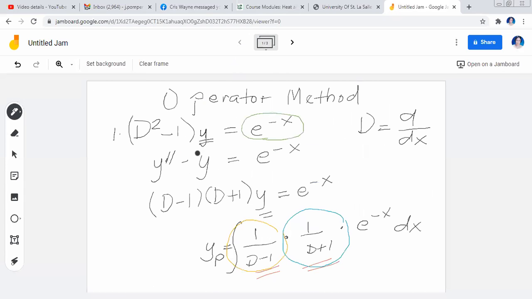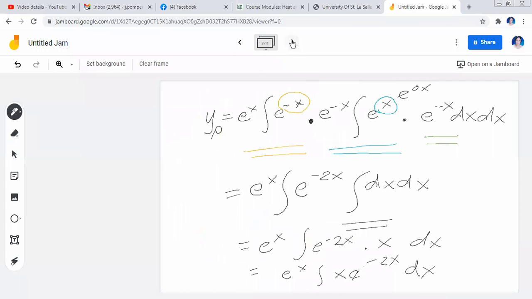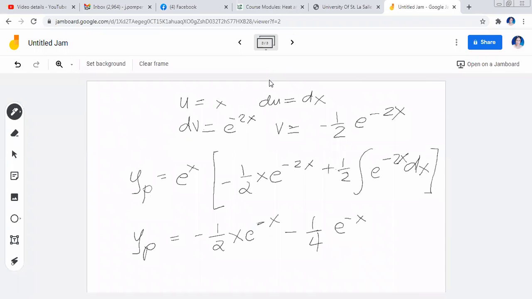This original differential equation. As for its complementary solution, it is dependent on the roots that you have here. So since your roots are 1 and minus 1, your yc should be c sub 1 e raised to x plus c sub 2 e raised to minus x.